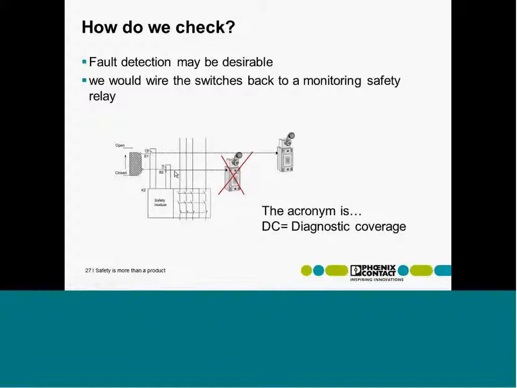B1 is the first interlock switch, B2 the other one. If one of these switches fails, we detect it by comparing both channels together. So we have a so-called plausibility check as an integral part of the design. This is what is meant by diagnostic coverage: the quality of diagnostics or monitoring of a failure.